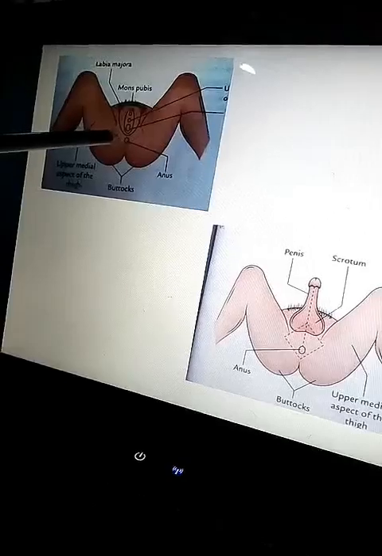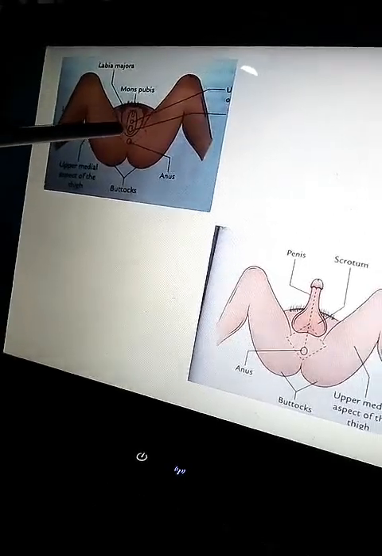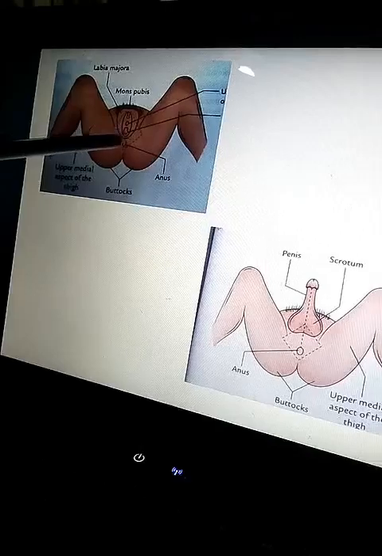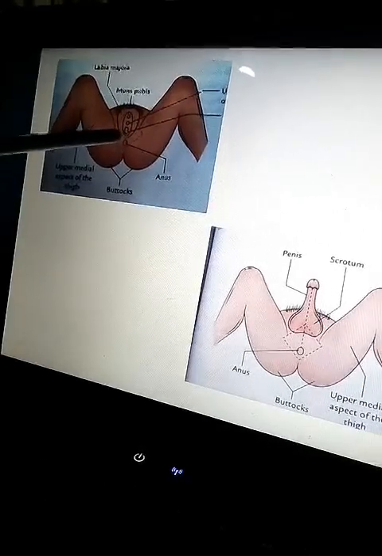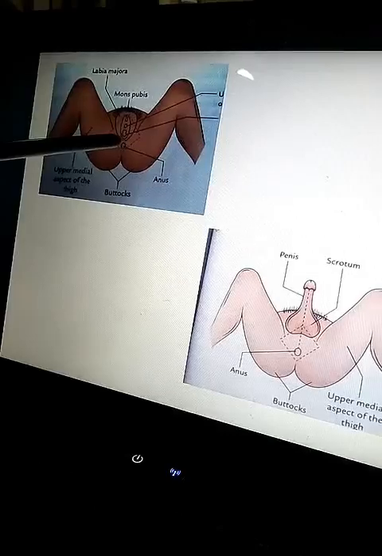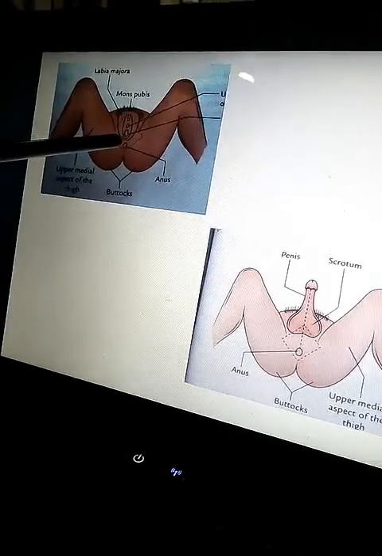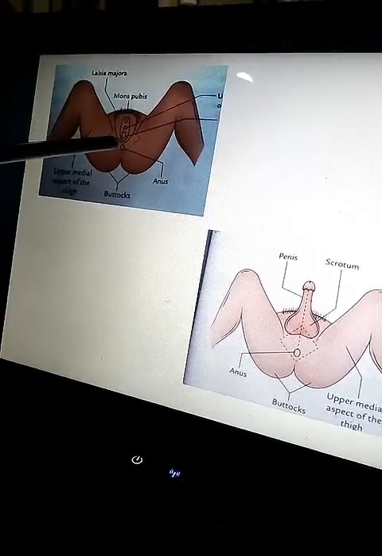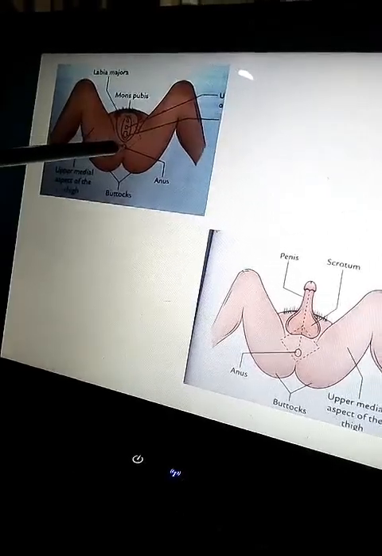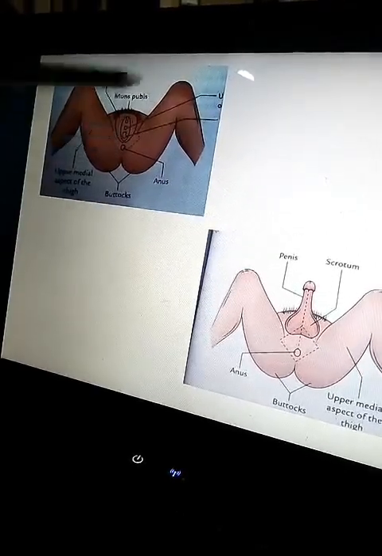The median region between the vaginal orifice and the anal orifice in a female, containing the perineal body, is considered the gynecological perineum. So the gynecological perineum is the area between the vaginal orifice and the anal orifice.